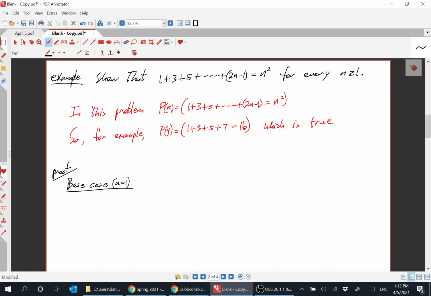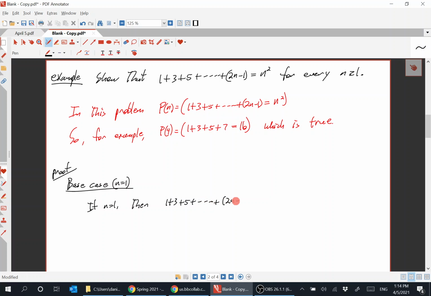Now, I wouldn't write it like this. I would write, what does this look like? And then what does this look like? And then look at them and say, okay, they're the same. So we're good.